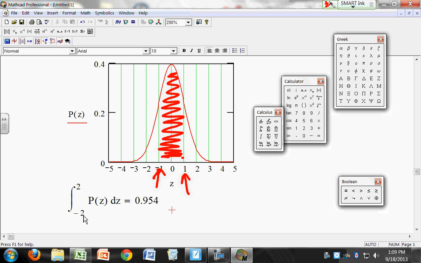And what's the probability of finding it within -3 and +3, within 3 standard deviations? 0.997.